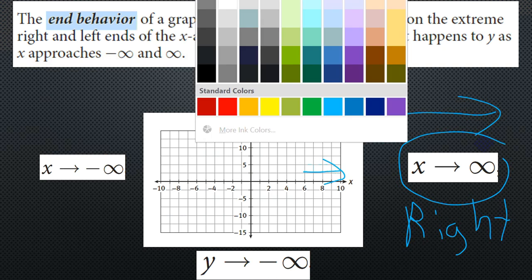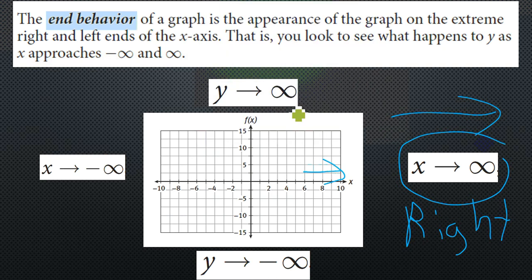Okay, over here on the left, this one says as x approaches negative infinity. Now the first thing I'm going to do is show you how I like to introduce it to students. I don't like the way the arrow's pointing this way because that kind of implies that you're looking right. So a lot of times when I first introduce this to students, I have them write it like this. And I think that's a little bit helpful.